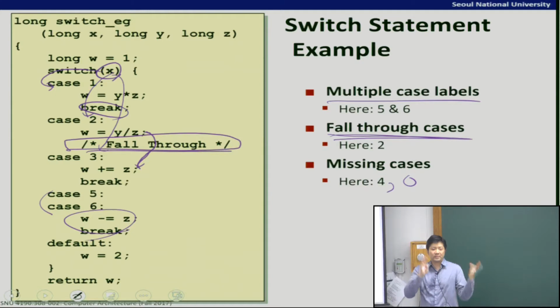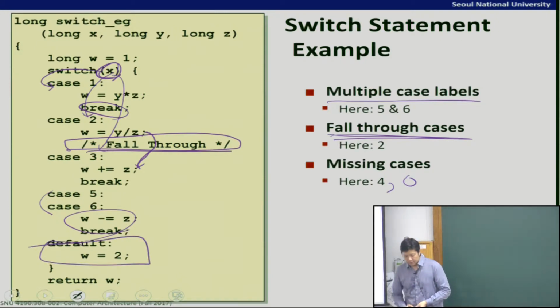Whenever there's a missing case, you have to go to the default case, right? So if there's any match between this x and one of these expressions, then you simply go to the case. Otherwise, if there's no match, you go to the default, right? So your switch statement must handle all of these cases correctly.